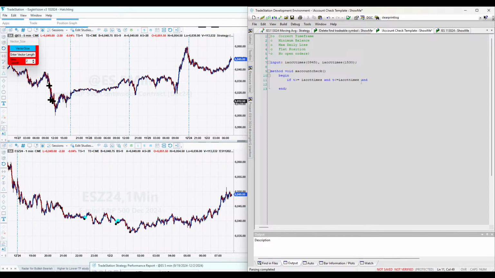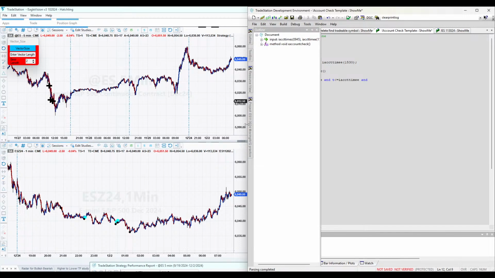So I'm going to put and here, and then I'll put my next condition here. So the next condition, we've got this one done. Minimum balance. For minimum balance, we're going to use the account checks.